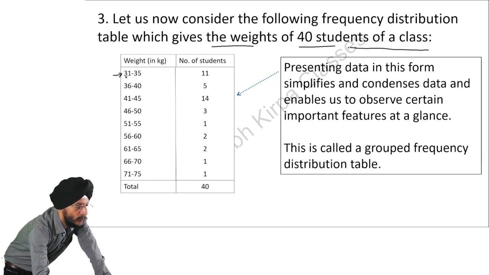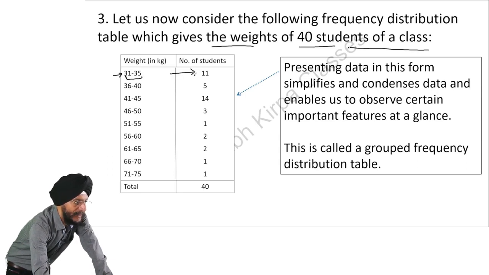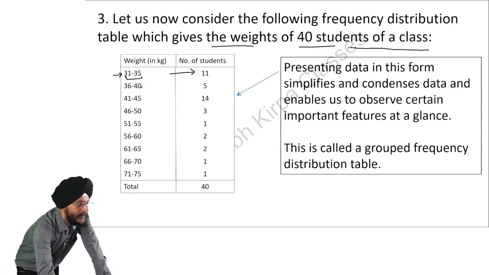All the students who have a weight between 31 to 35 have been mentioned here. In the same way, all the students who have a weight between 36 to 40 have been clubbed together, and so on. In the same way, from 71 to 75, only one student is there.